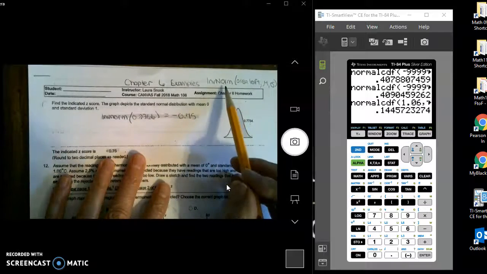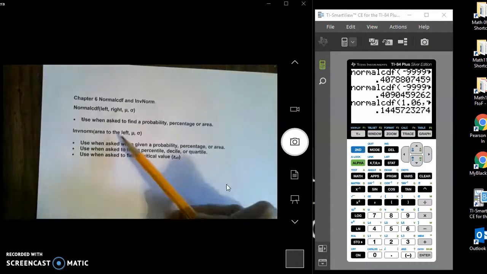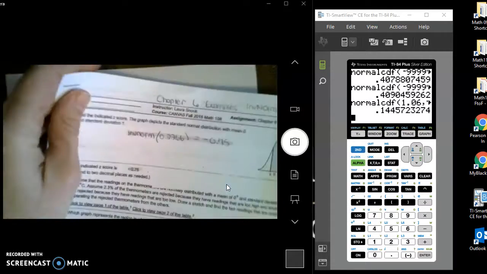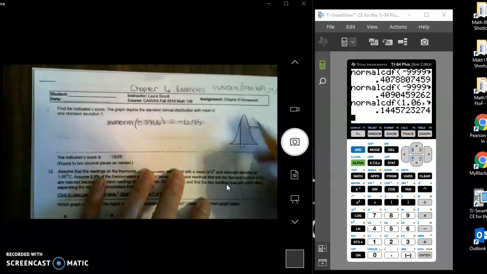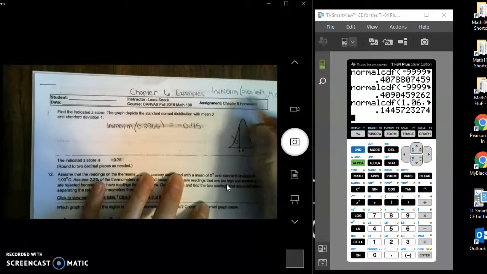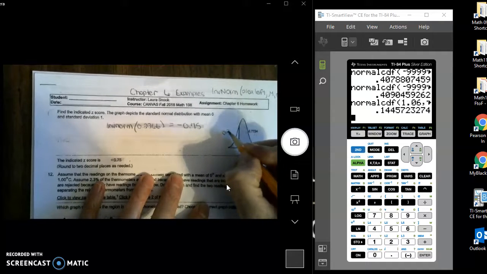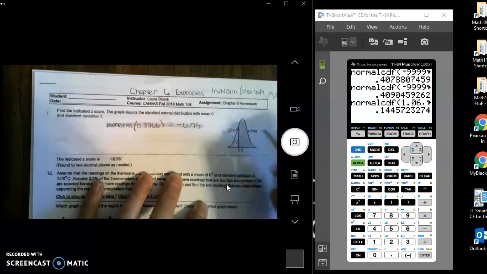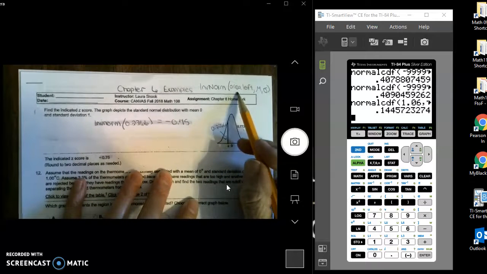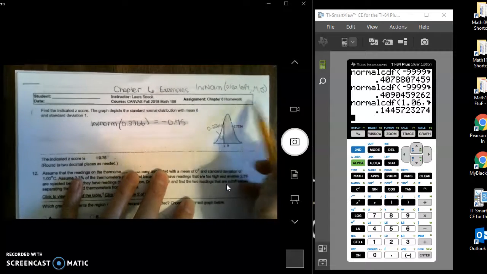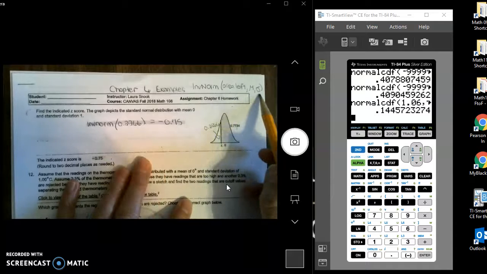To use our calculator, we have to find the area to the left, not the area to the right. So I'm going to take 1 minus that to get the area to the left, because that's what the calculator asks for. So 1 minus that gives me 0.2266. So I want to put area to the left, 0.2266. And then some of your calculators you have to put the 0,1 in. Some of them you don't.